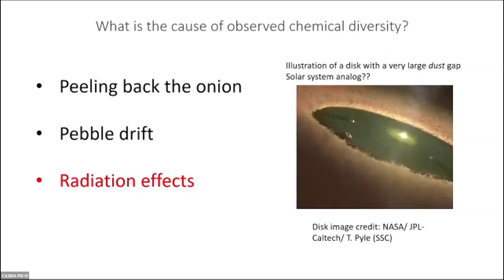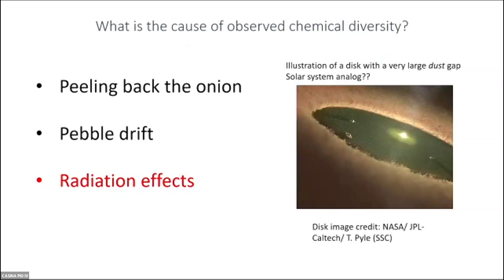The final thing I want to mention is just radiation effects. So this is something we actually learned from Spitzer. On the right is just a cartoon illustration of a disk with a very large dust gap. These disks are really interesting because although they have dust gaps, their dust gaps are full of gas, or at least they have gas in them.